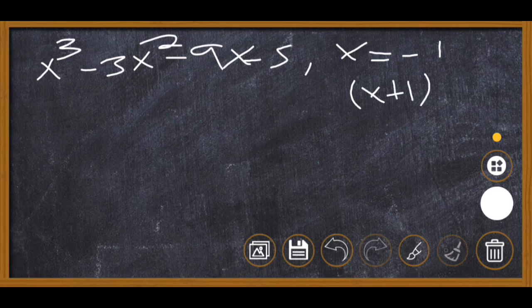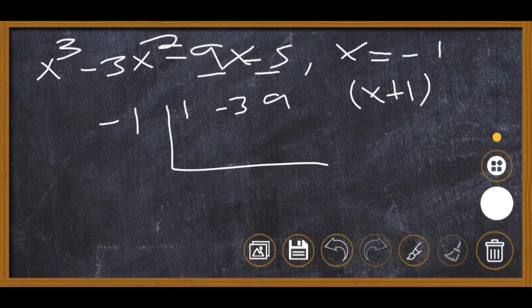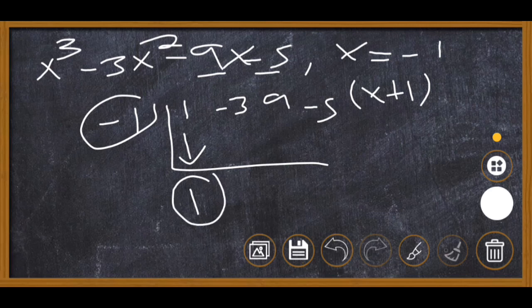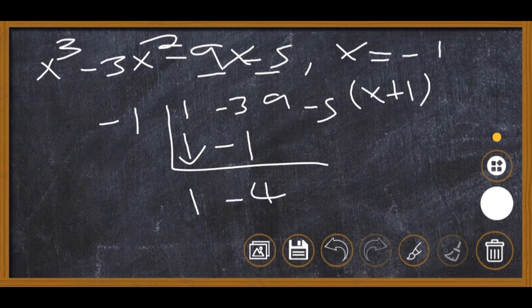So in this case, let's use the synthetic method to find the values. So here we have 1, -3, here we have 9, and here we have -5. So in this case, this is just going to drop, and then we have 1 here. So -1 multiplied by 1, we are going to have -1. Then -3 minus 1 is -4. So -4 multiplied by -1, we are going to have 4.